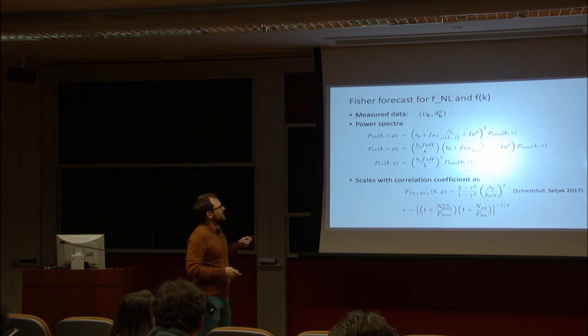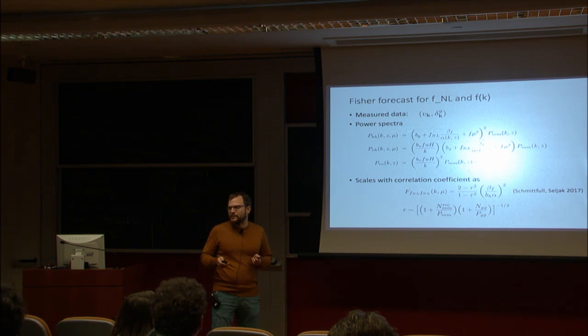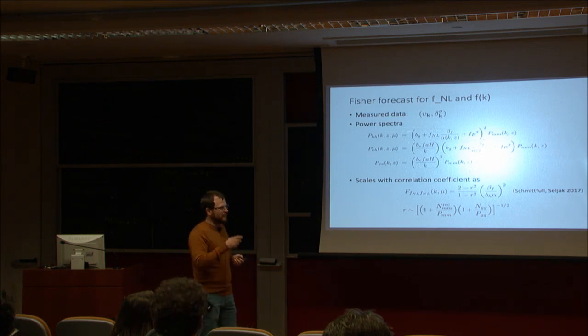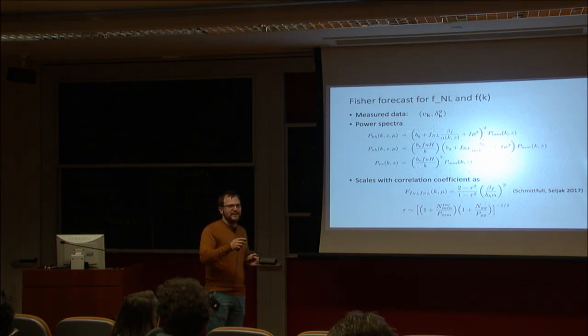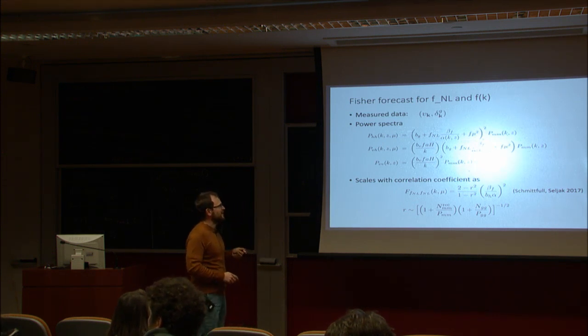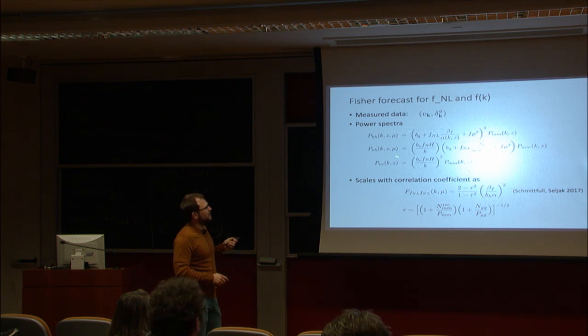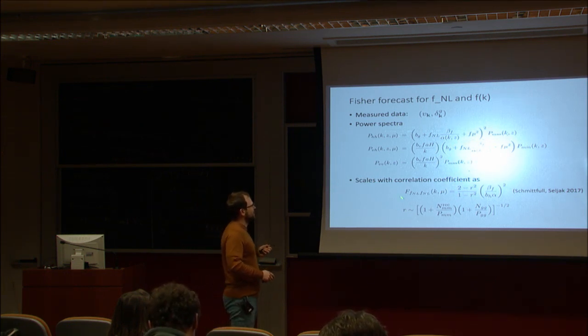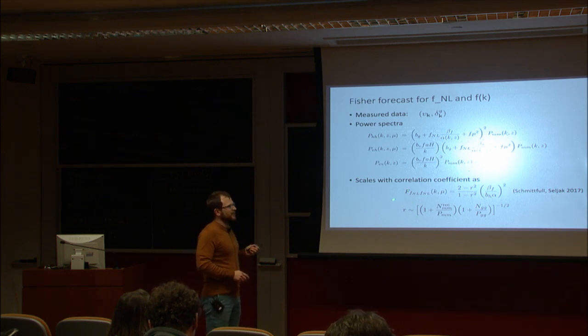Then there is this parameter b_v, which comes from the fact that our overall velocity normalization is also not correctly known, because we don't know the overall number of electrons. We don't know the normalization of the electron profiles in the galaxies, basically. So we try to take into account all relevant statistical effects, and then you can find an approximation for the Fisher matrix.